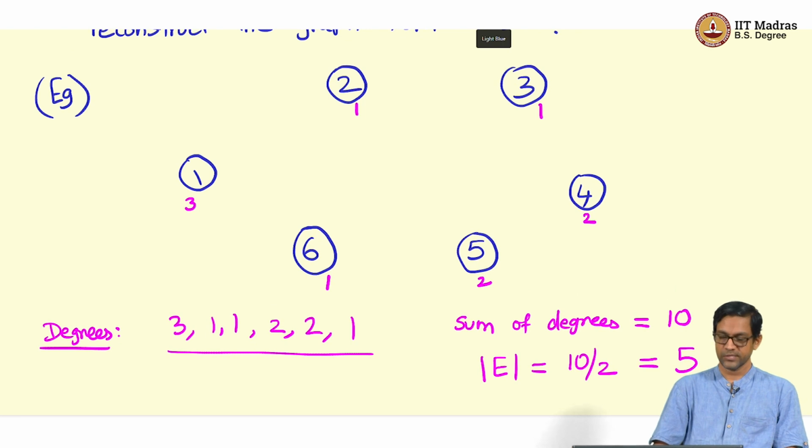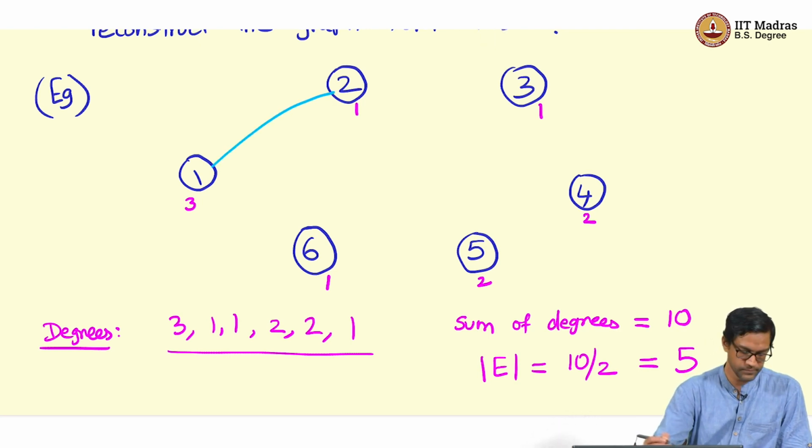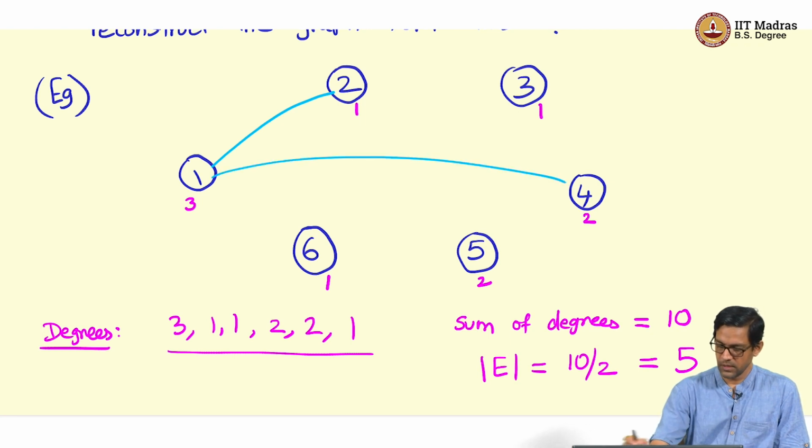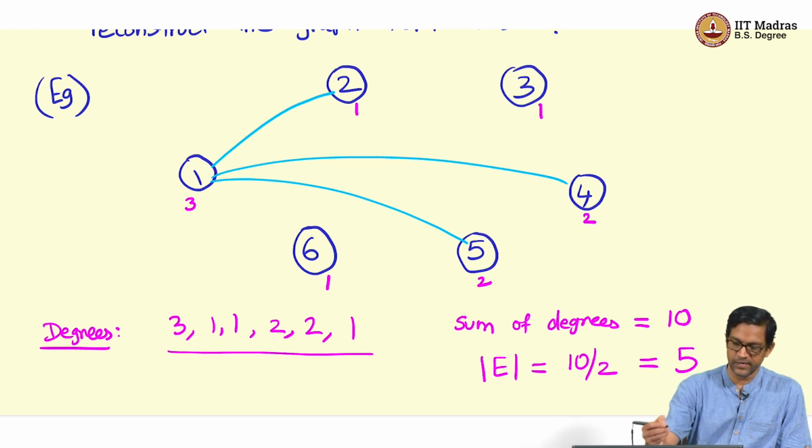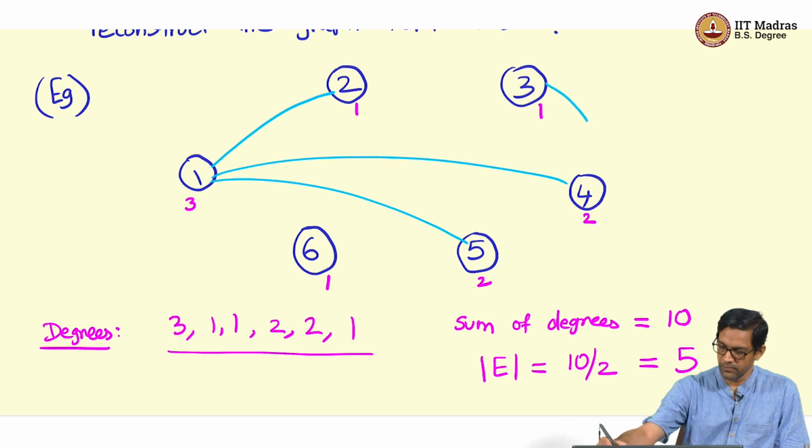So let me give you an example of a graph in which the degrees will be 3, 1, 1, 2, 2, 1. So we will connect 1 to 2, 1 to 4 and 1 to 5. Okay, so 1 is supposed to have 3 friends, so that is 2, 4 and 5. Now let us look at 2, 2 is supposed to have only one friend, so I have already connected him to 1. 3 I will connect to 4.